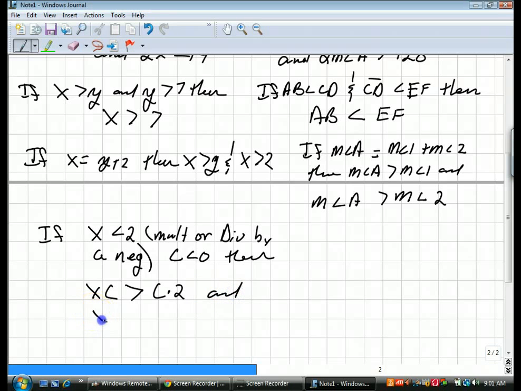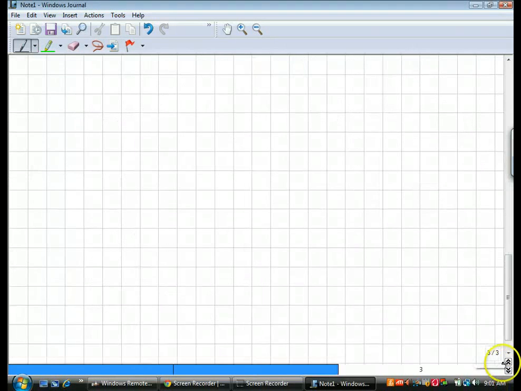And x divided by c is greater than 2 divided by c. Okay? So remember that when you multiply or divide an inequality by a negative number, you have to flip the inequality. Okay, so let's look at some examples.